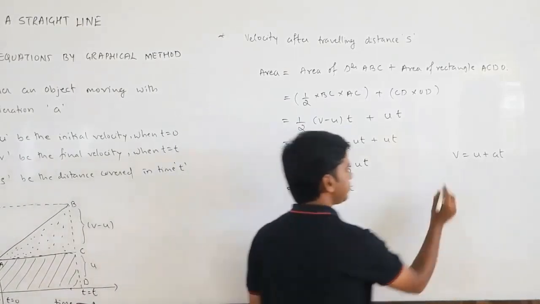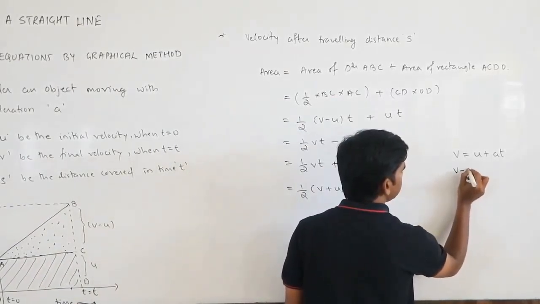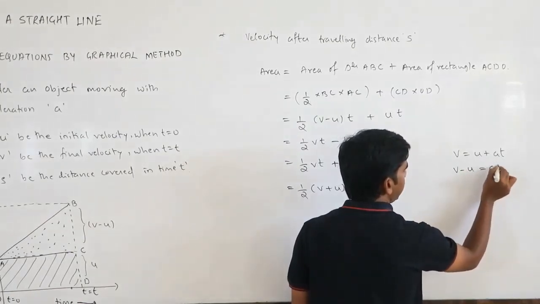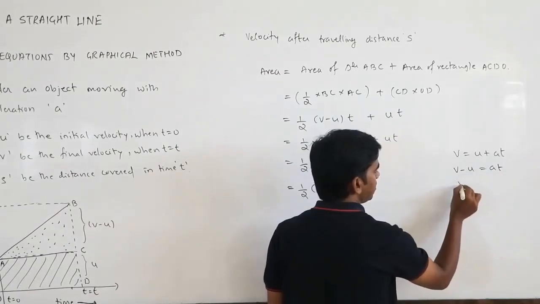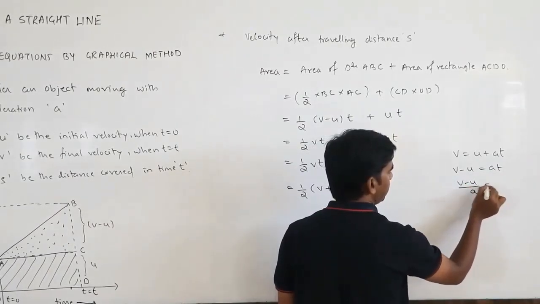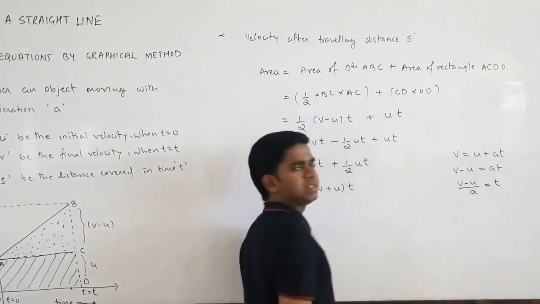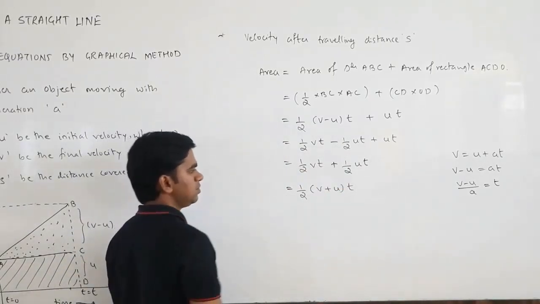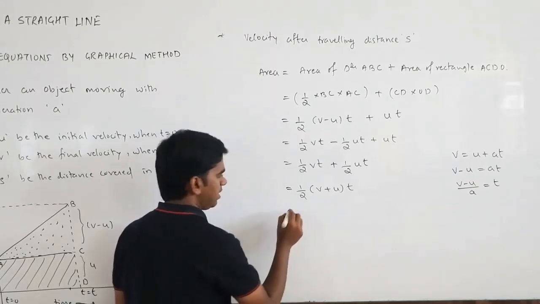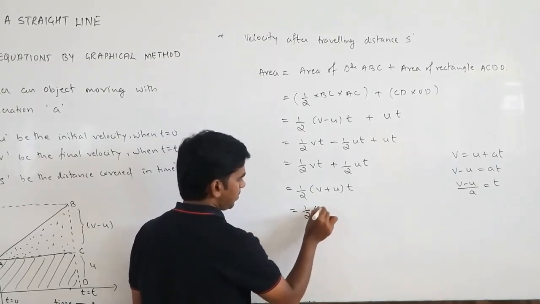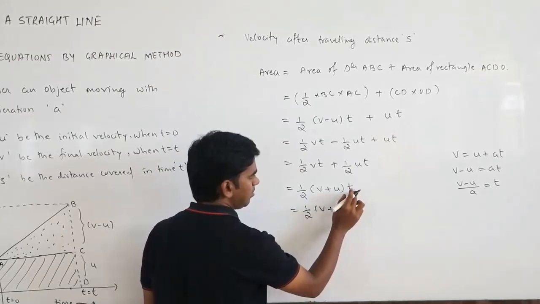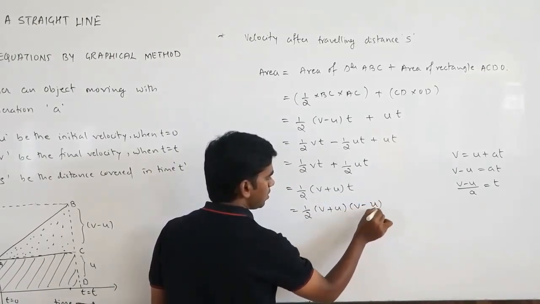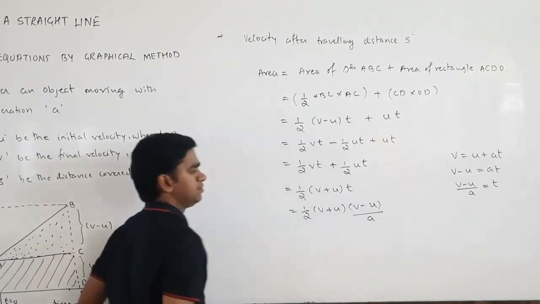V minus U equals AT, so T equals V minus U divided by A. So in place of T, write this one: half V plus U into V minus U divided by A.